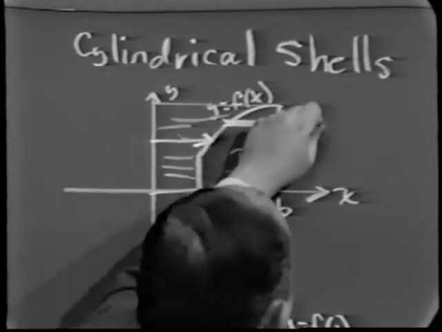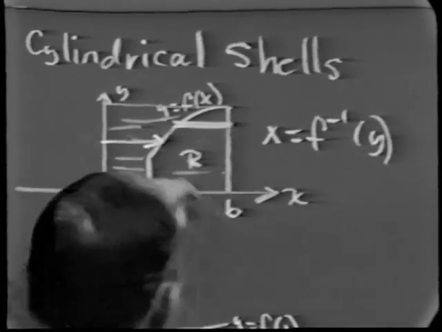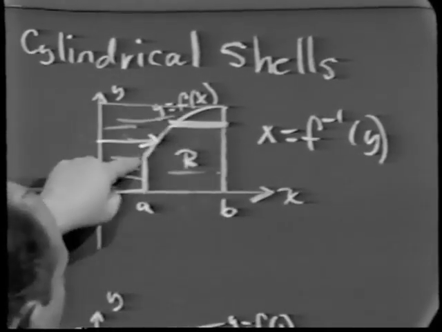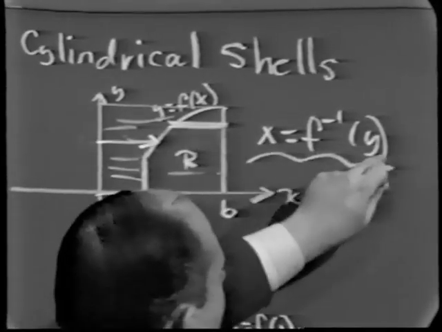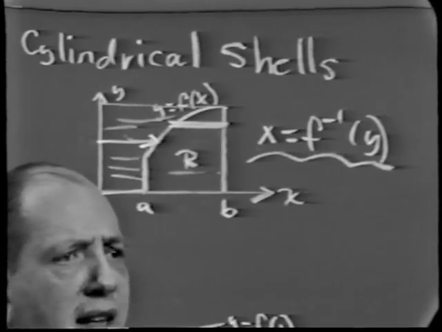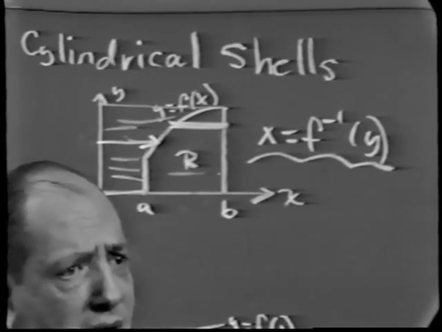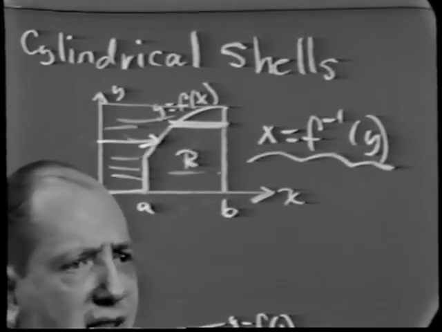Well, you see, what you must do is invert the relationship. Now, even though I've picked a case where the inverse exists, see, this is a one-to-one function, we've already had ample examples in which we've shown that computationally it's extremely difficult, if it's even possible, to explicitly perform the inversion.